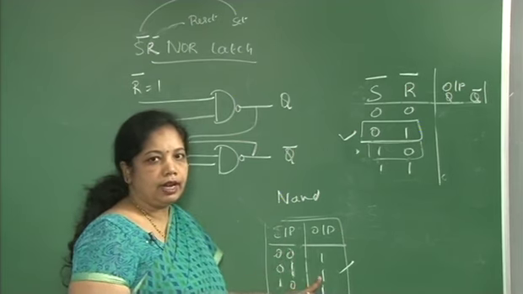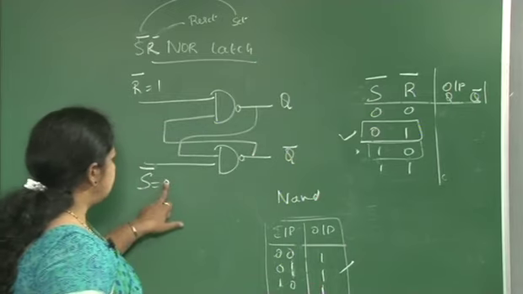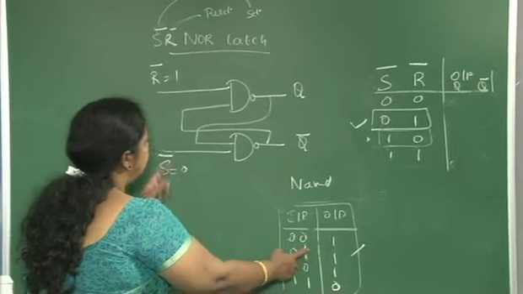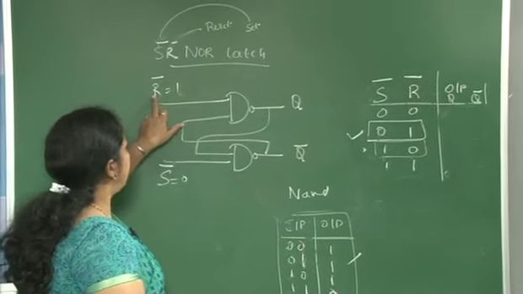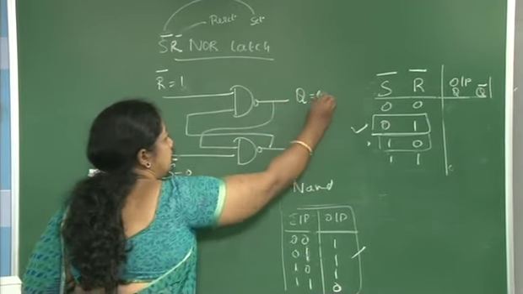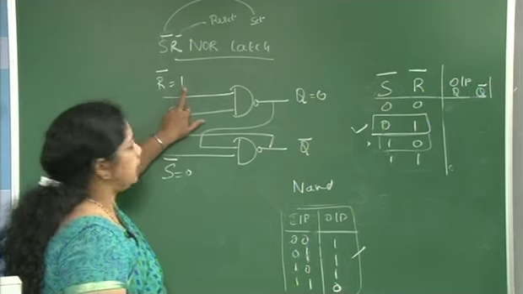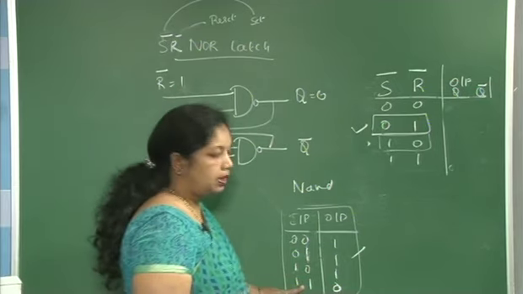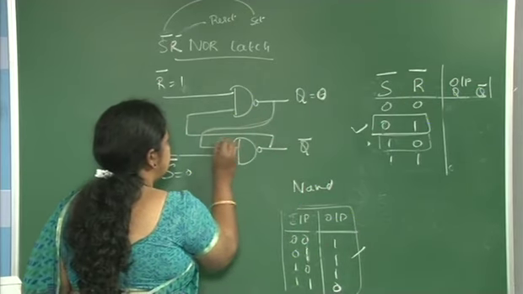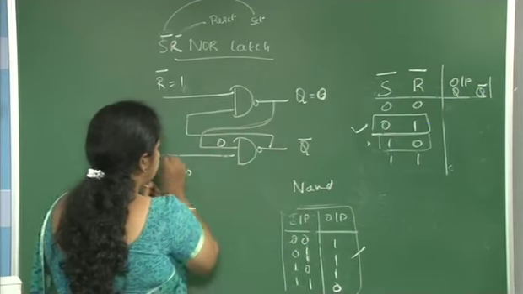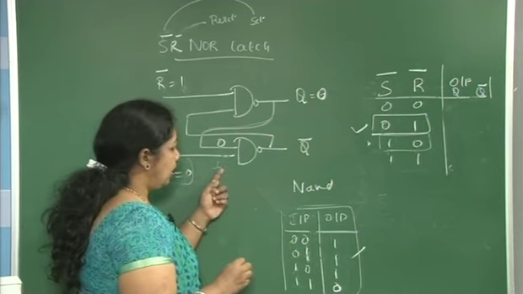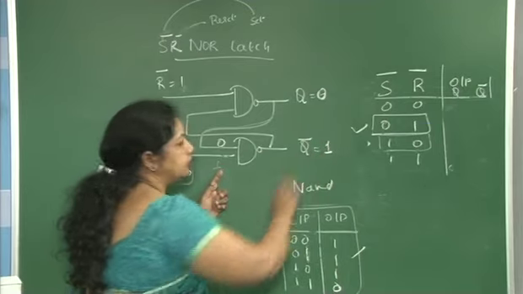Since I am giving complement inputs rather than normal inputs, when R is 1 my output will be 0. So when 0 is connected here and this becomes 1 since it is inverted, 0 and 1 gives logic 1.